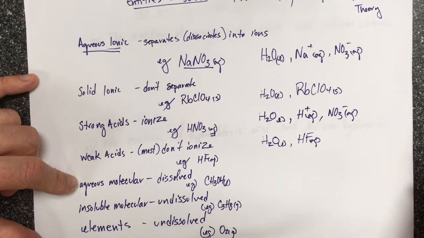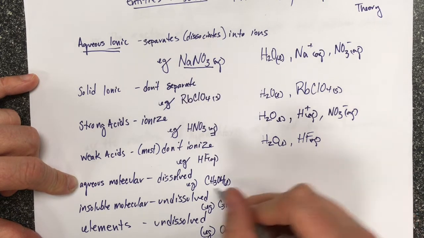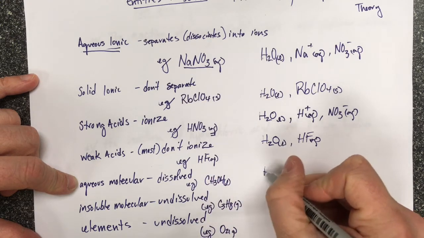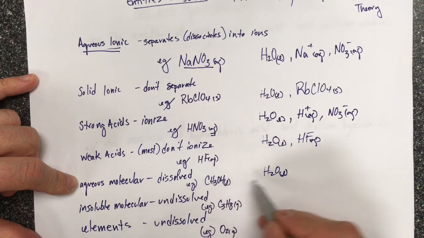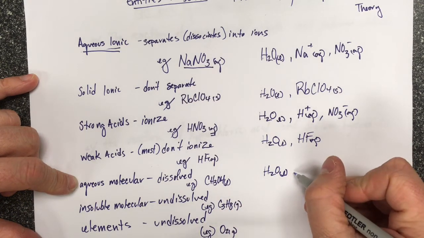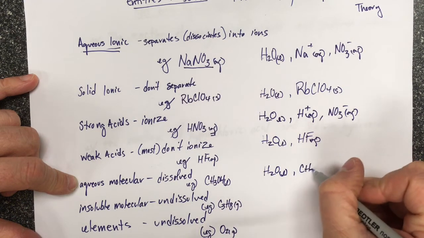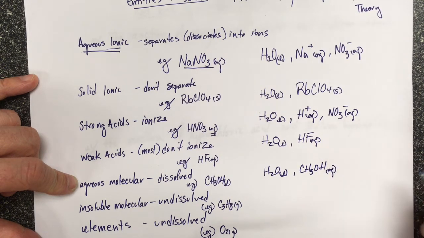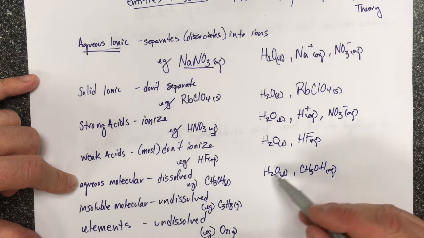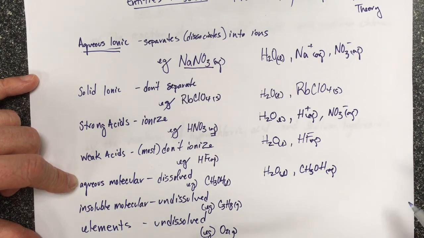Aqueous molecular chemicals like methanol, usually these are going to be smaller, very polar molecules that have hydrogen bonding. But methanol is not going to break into ions, it's a molecule. They're very soluble, so it'll be aqueous, but those are the 2 entities that are actually in solution.